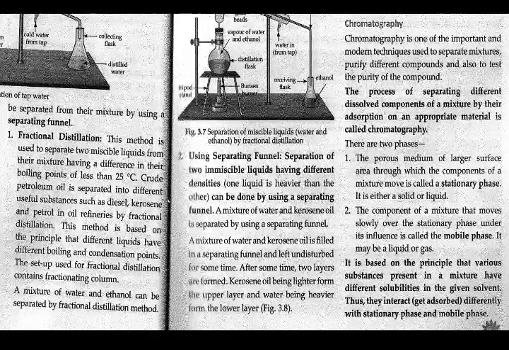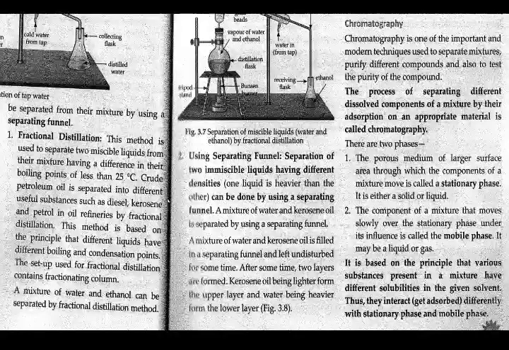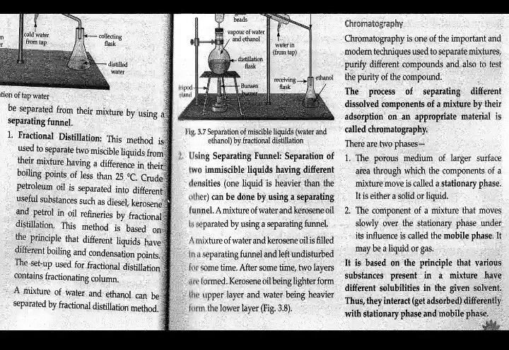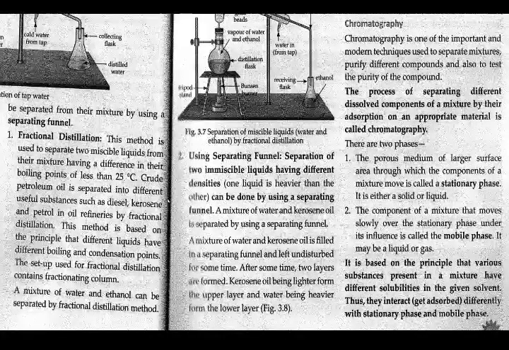So this process of separating different dissolved components of a mixture by the adsorption on an appropriate material is chromatography. And adsorption means surface absorption. It is not throughout the whole length and breadth of the absorbent, but it is just on the surface.